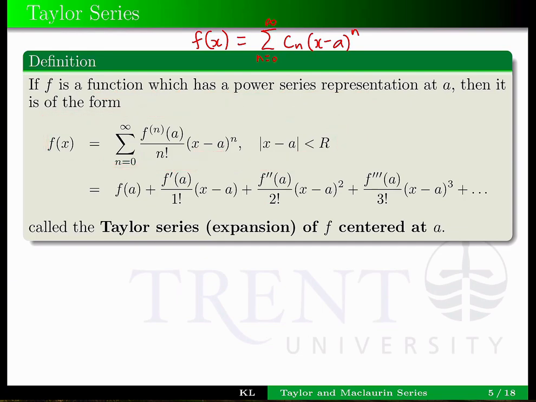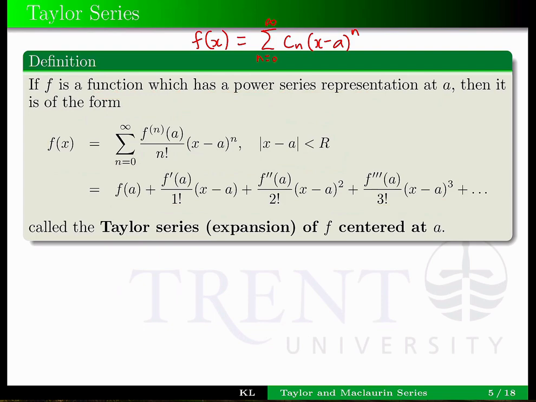If we expand this, your f of x is equal to f of a plus f prime of a over 1 factorial times (x minus a) plus f double prime of a over 2 factorial times (x minus a) squared plus so on and so forth, provided that |x minus a| is less than r.